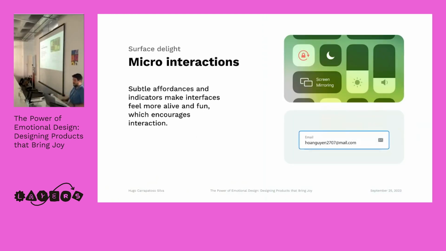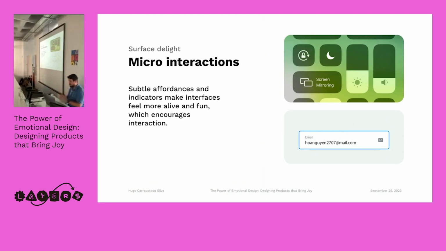Micro interactions. You can use these everywhere, and the idea is to make the interface more alive and actually give feedback to the user. We have two examples here. The top is from the iPhone, and it's a simple animation, right? It's just a movement of unlock and lock with a change of colors.